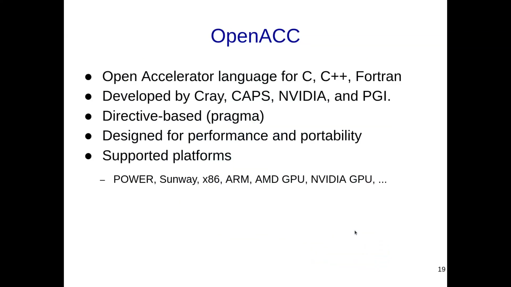Right? So OpenACC is essentially an open accelerator language for C, C++, Fortran. And it was developed by a consortium of companies, Cray, NVIDIA, CAPS, and PGI, which was felt as a need almost 10 years ago, when there were more and more accelerators coming up, and people wanted to have some way of programming those beyond NVIDIA GPUs.